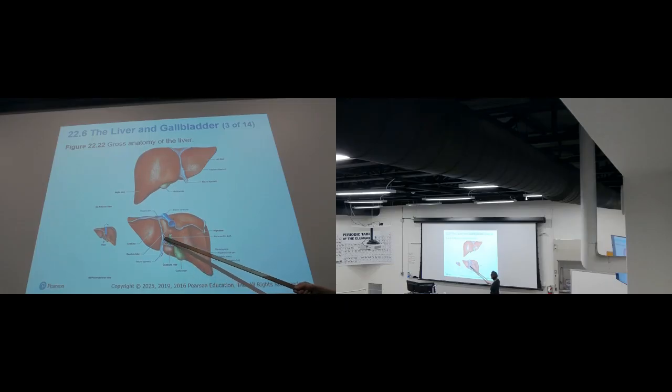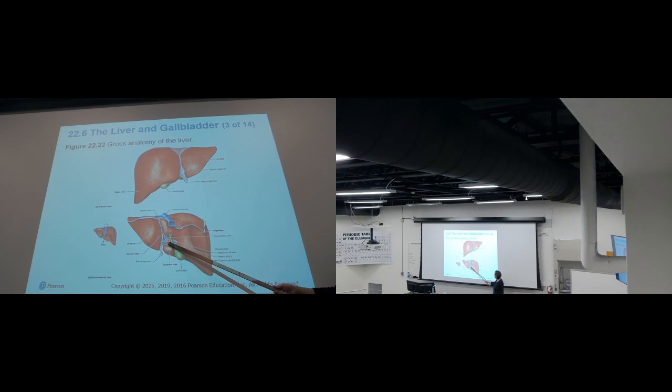So we have here the hepatic portal vein that brings nutrient-rich blood into the liver so that the nutrients can be processed. And then we have the hepatic artery proper, which is a branch of the celiac trunk. And then here we have the common hepatic duct that results from the merging, or the anastomosis, of the left hepatic duct and the right hepatic duct.